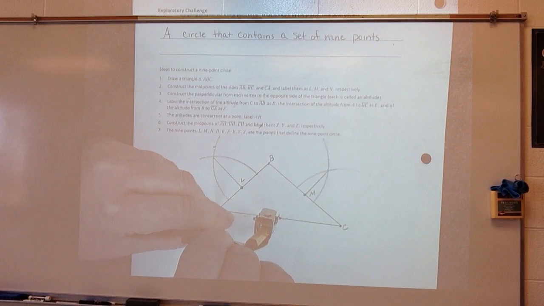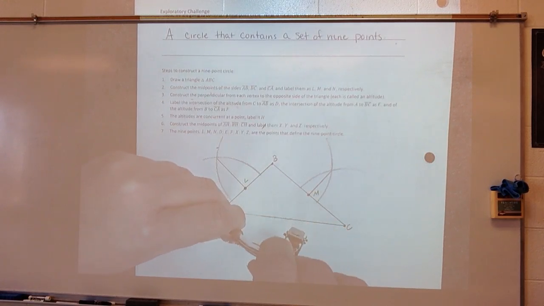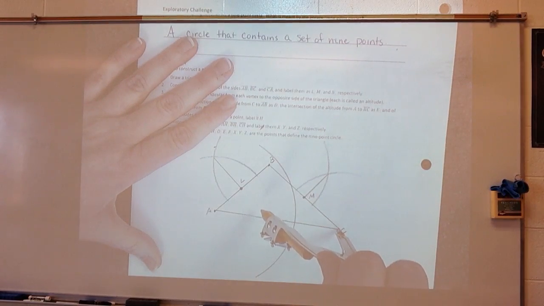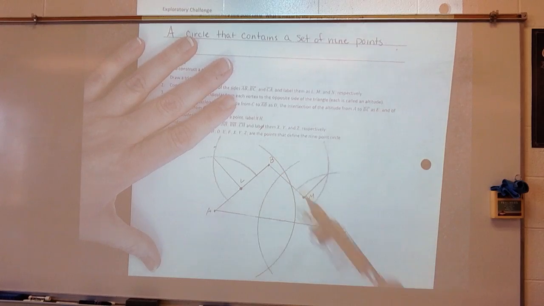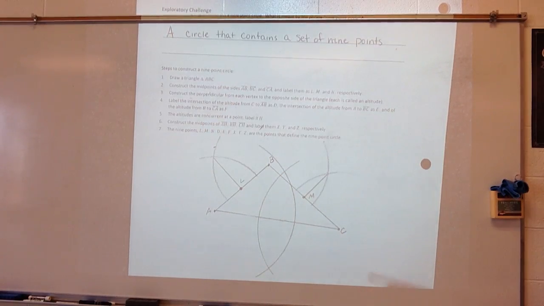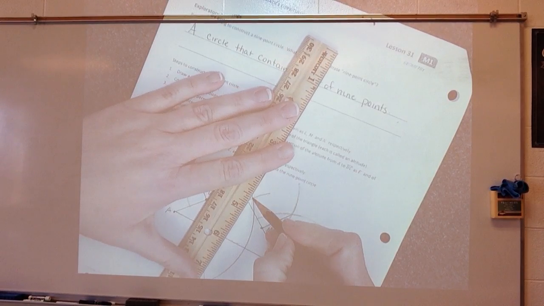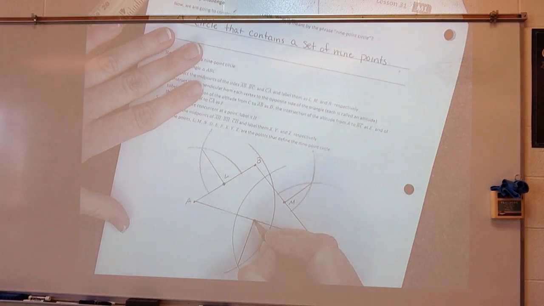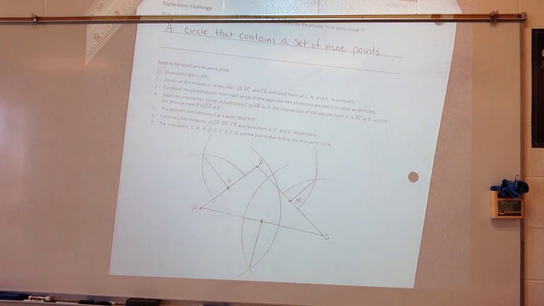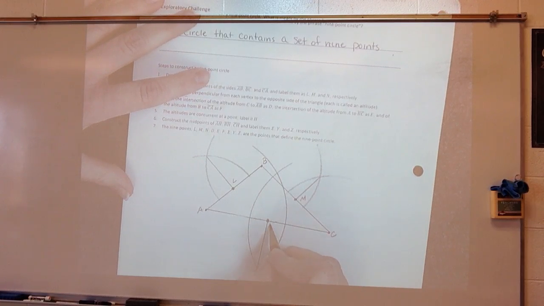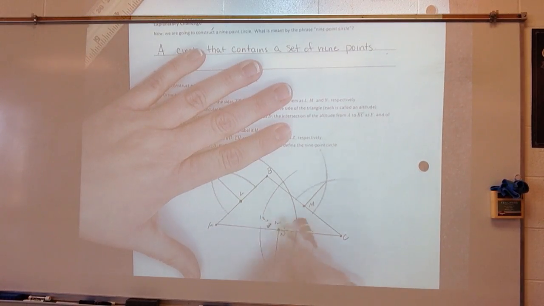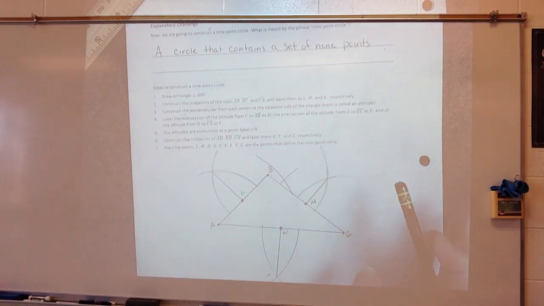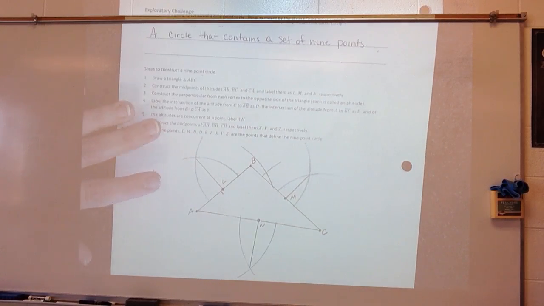I'm going to put my point on A, open my compass a little better than halfway, create my arc, bring it over to C, open a little better than halfway, and then where the 2 points come together, I've got my midpoint, which is here, and we call that point N. Alright. So now I've got my step 2 done.